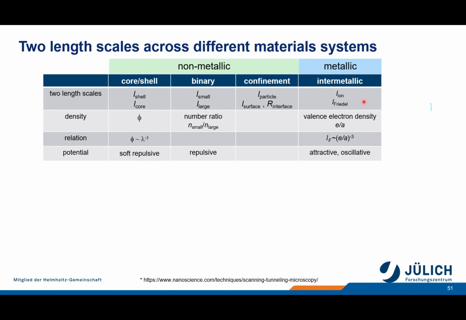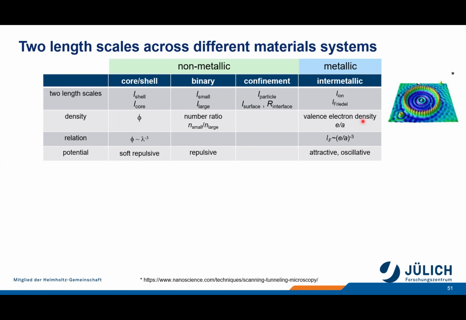And finally, for metals, the two length scales seem to be the ion radius and the Friedel length. The Friedel length is an oscillatory length. That's something like the Debye screening of electrons in the quantum mechanical analog. And these oscillations that you see in this quantum error, they are these oscillations. Then you need to tune the valence electron density to get stable quasicrystals. And this is done by alloying.